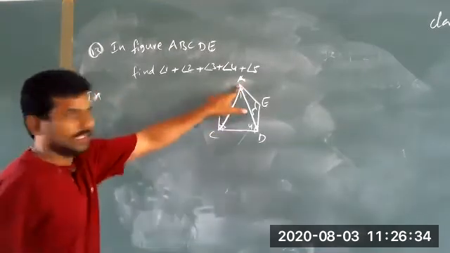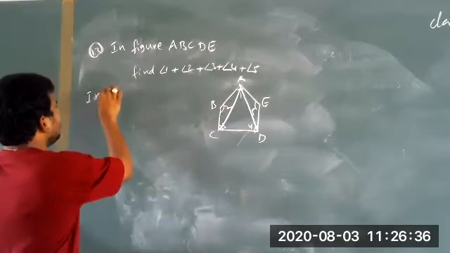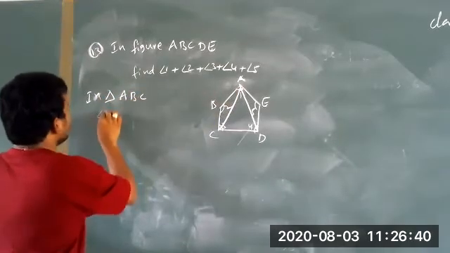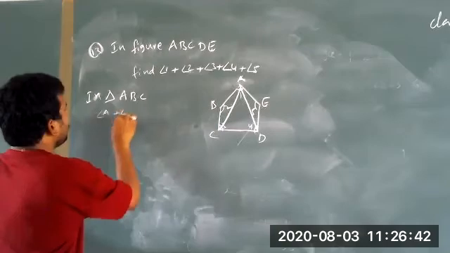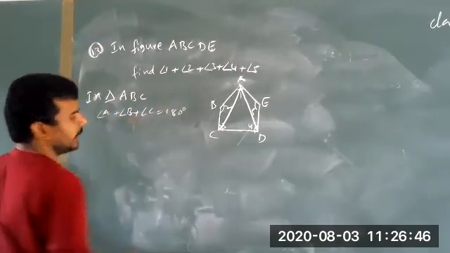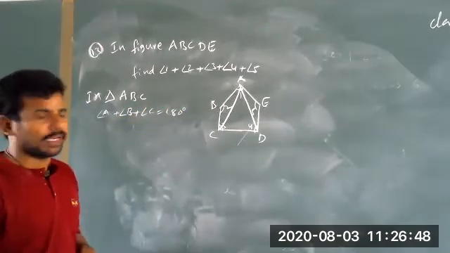So in the first triangle, ABC, angle A plus angle B plus angle C is equal to how much? 180 degrees.